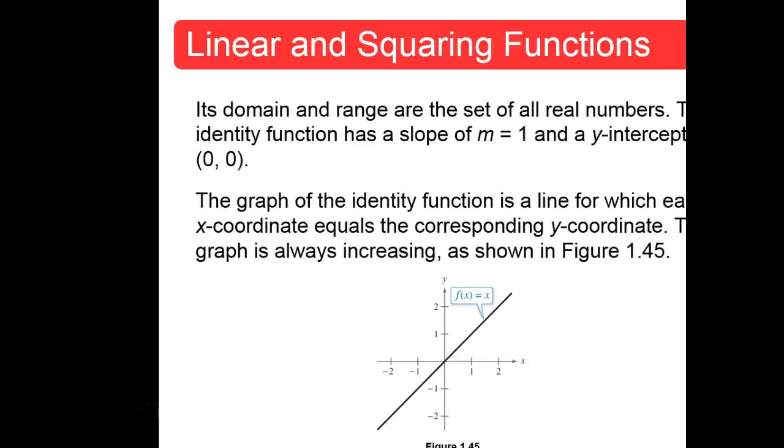Guess what it is? 0. It crosses the y-axis at 0. So the slope is 1, the y-intercept is 0. What's its domain? All real numbers. What's its range? All real numbers, because whatever x is, y is. If x is all real numbers, y has got to be all real numbers.